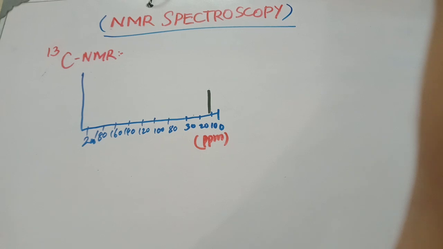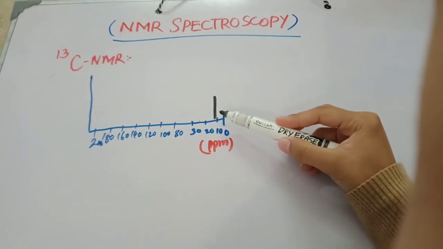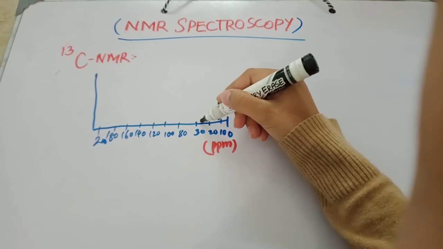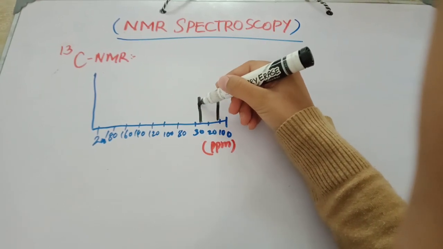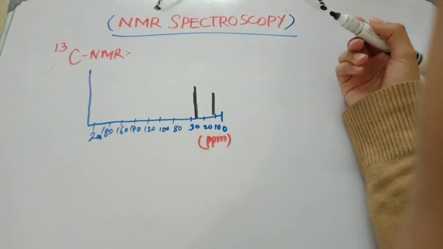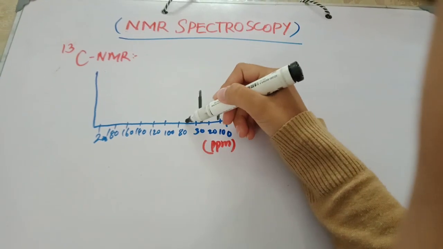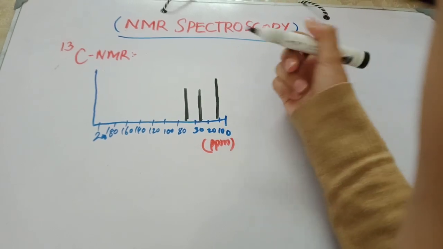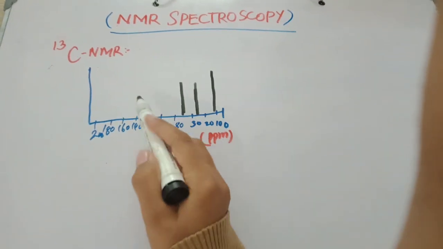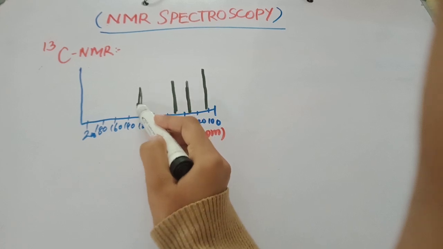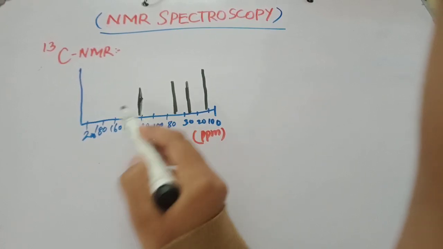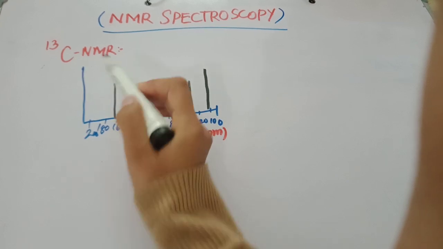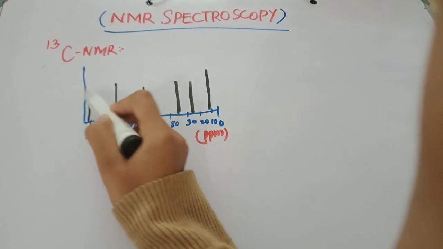Here you will see a peak at 10 ppm, then a peak at almost 25 to 30 ppm, then at about 60 ppm. After that, you will see a peak at 120 ppm, then at 160 ppm, then at about 220 ppm.